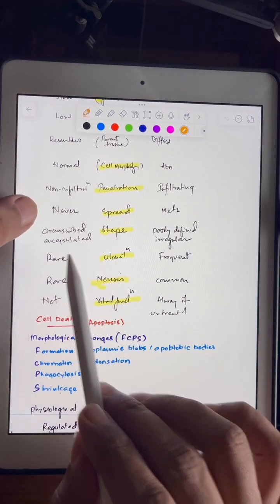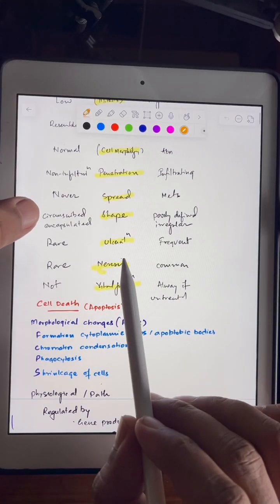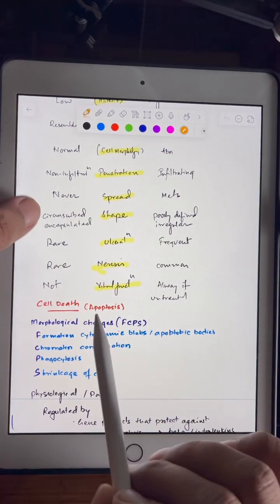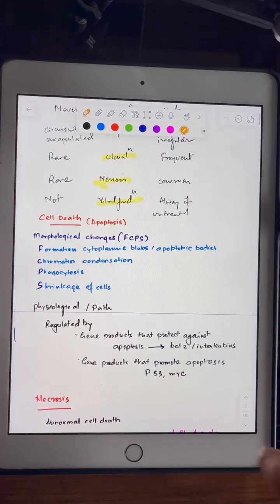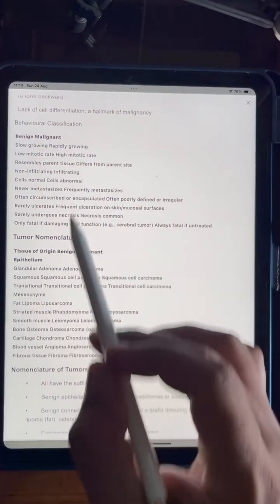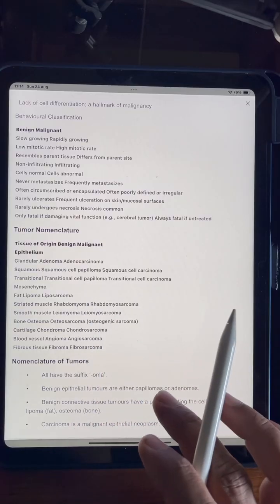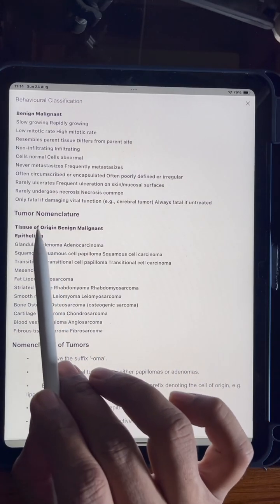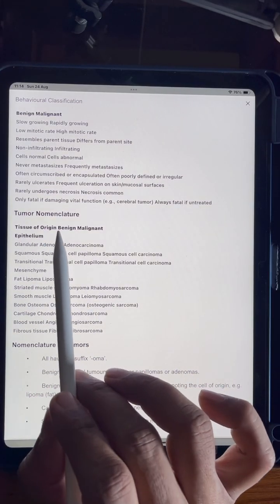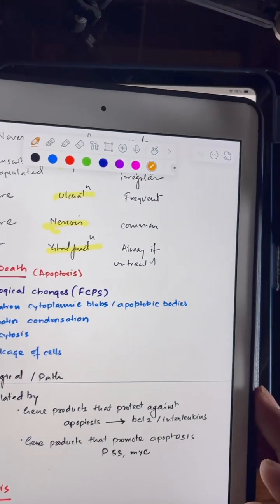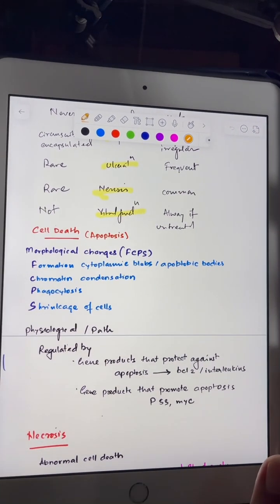Shape is circumscribed in benign, poorly differentiated in malignant. Ulceration, rare in benign, frequent in malignant. This was regarding benign and malignant tumors. Now here it's given tumor nomenclature. Let's see it afterward.